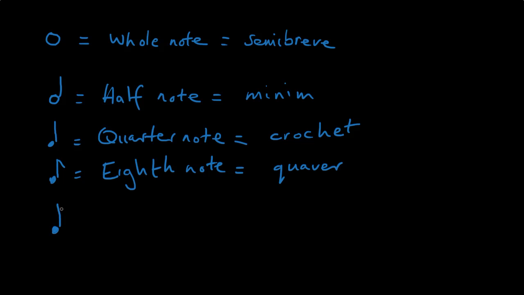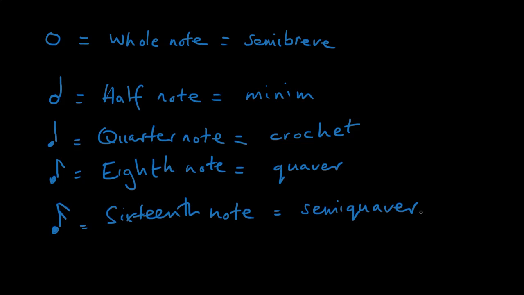We can obviously go into smaller divisions of beats than this, but we'll end with the 16th note, which I know as a semiquaver. And all the other ways that we've used to talk about some of these notes, like saying we might have a dotted half note, we would say we have a dotted minim, or instead of a dotted 8th note, we have a dotted quaver.